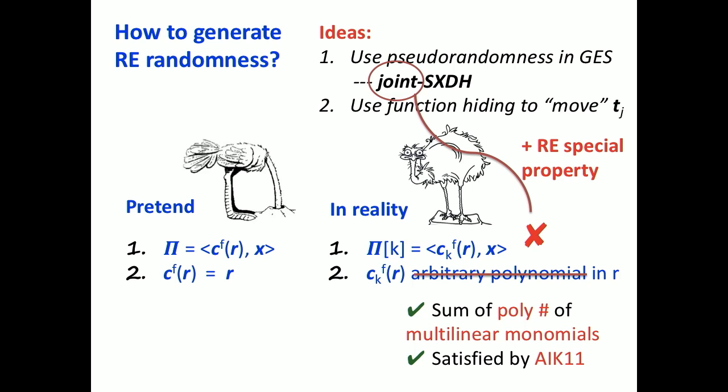The first issue is actually more problematic, especially combined with the fact that all those IPs do not compute the encoding of the inner product, but compute the inner product masked by a randomness. That is the real reason that we need the joint version of SXDH as opposed to just SXDH itself.